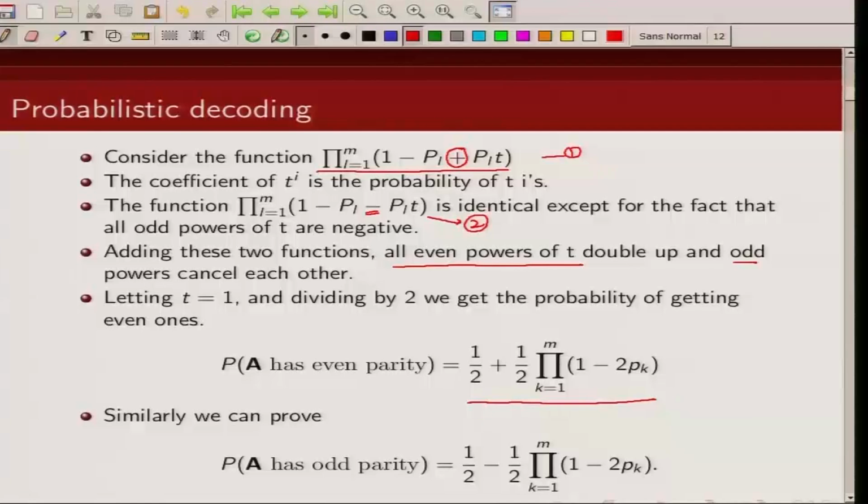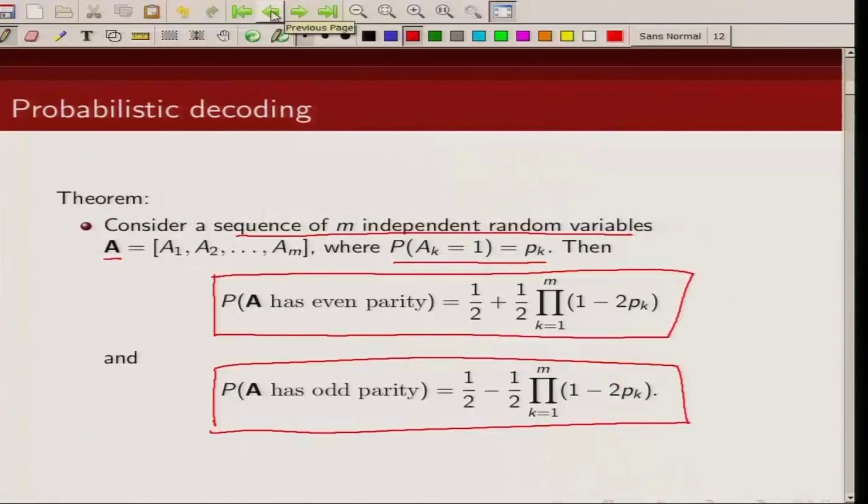Similarly, we can also prove the probability that A has odd parity. In this case, the first function has all terms positive, and the second has odd powers negative. So, if we subtract the second from the first, we will get the probability of odd parity, and that is given by this. The same result can also be proved using mathematical induction.